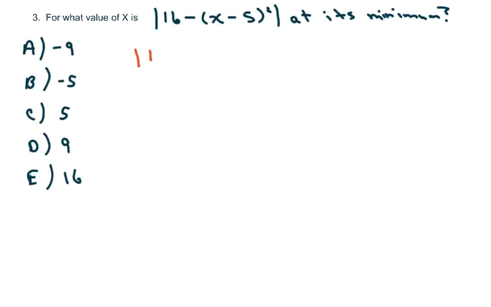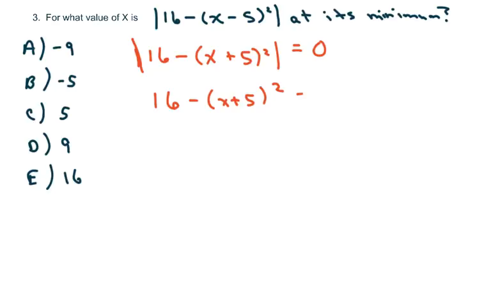We have the absolute value of 16 minus (x plus 5) squared, absolute value of all this. Set it to 0, and you get 16 minus (x plus 5) squared equals 0.